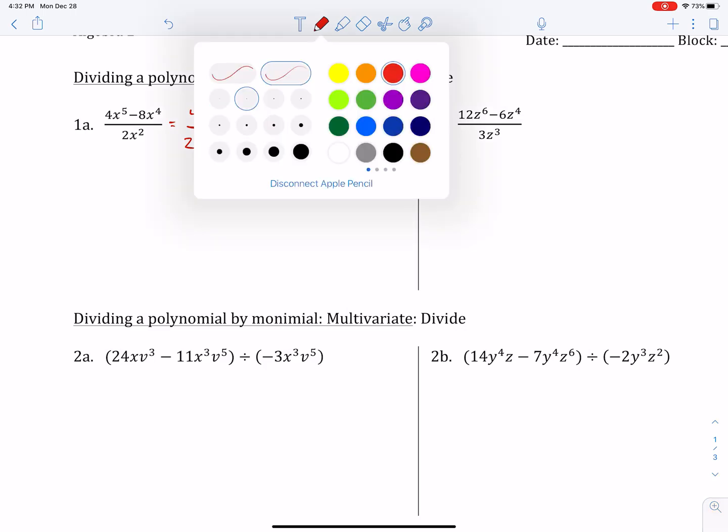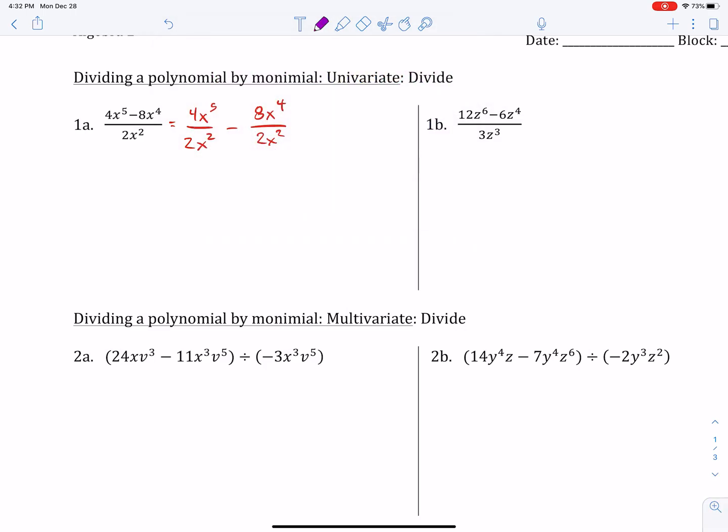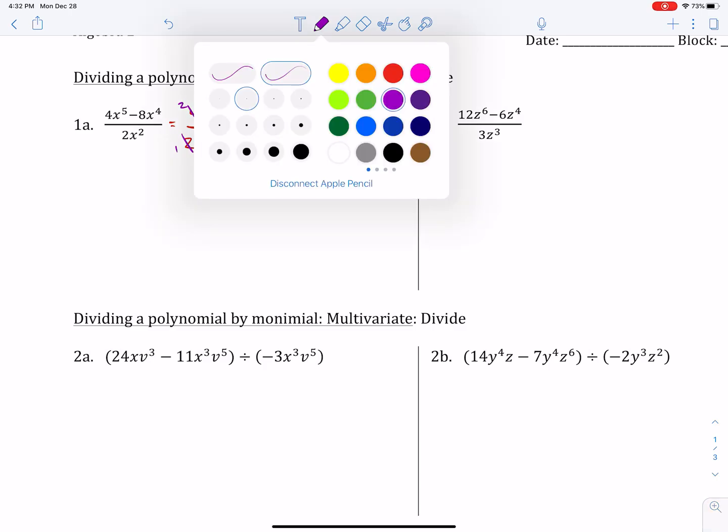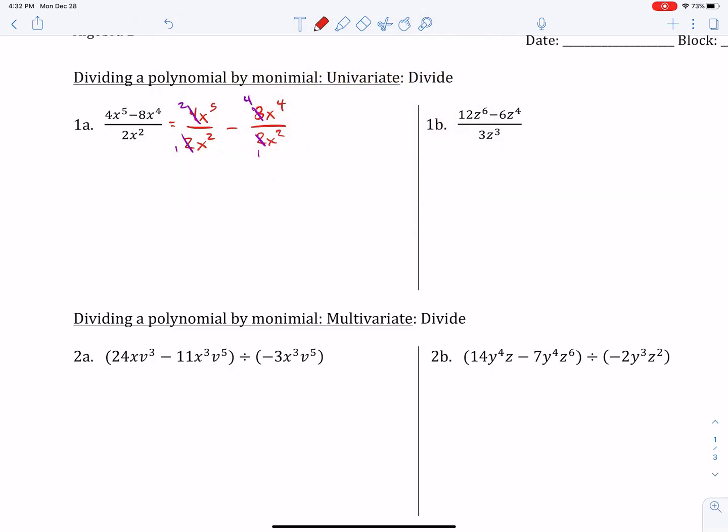So let's do some simplifying here. 4 divided by 2 is just 2 over 1. And then 8 divided by 2 is just 4 over 1. And then let's rewrite this. We'll have 2x to the 5 minus 2.